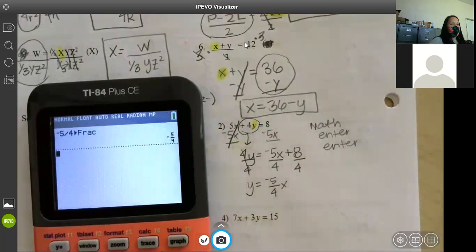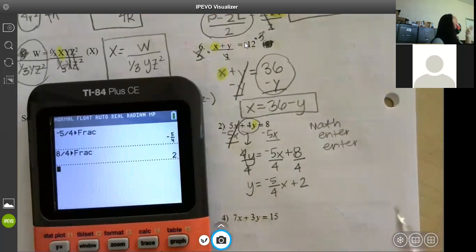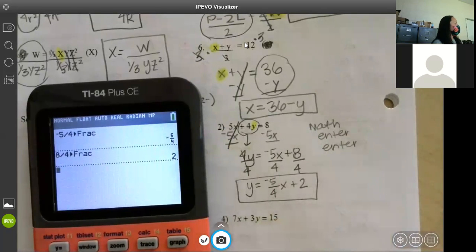And it stays the same. It stayed 5/4. It's not reducible. So that's how you know. So can I reduce it or not? This one is a no. What about 8/4? If I do math, enter, what does it reduce to? 2. We already knew it by our head, but again, if you need to check it, go ahead and check it. This is our equation. Okay, so if you get some big numbers you're not sure about, your calculator will come in handy.